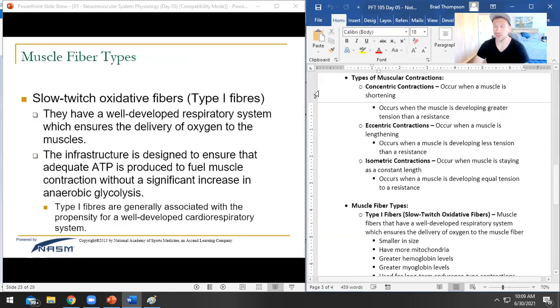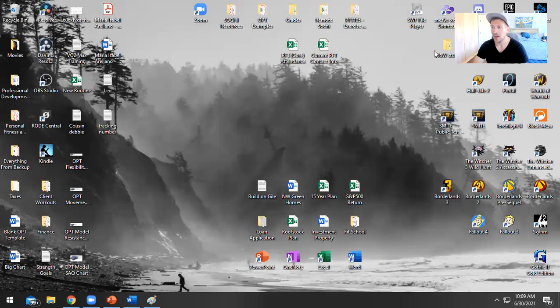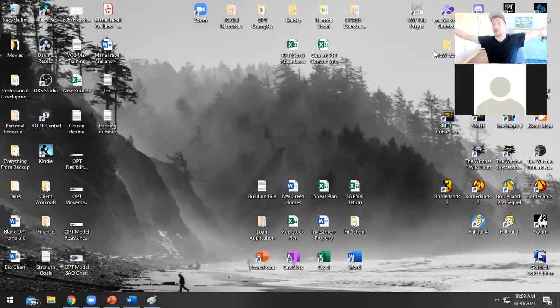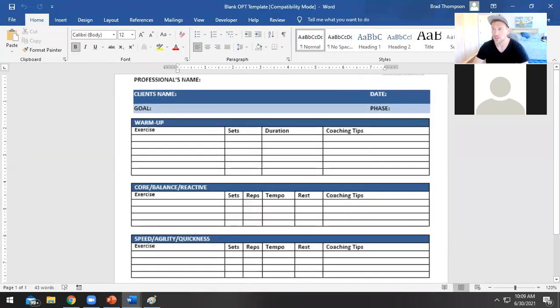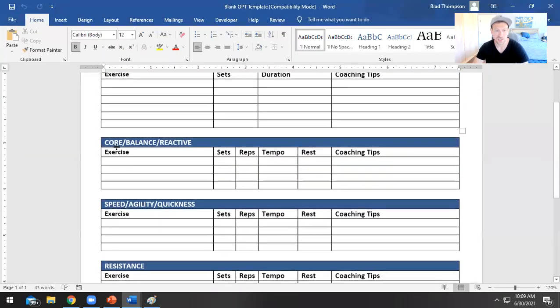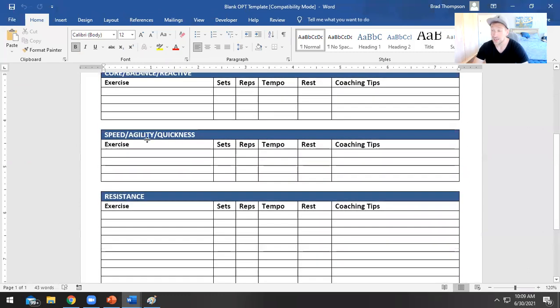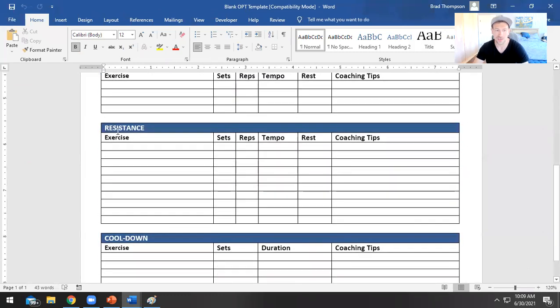Now, we will label this out when we are describing it to our clients. Paula, it's the first time you get to see our workout template here. So here's our little OPT template, the way that NASM likes to write out workouts. You can see we've got our warm-up section, our movement prep section, any speed ladder work, and then resistance.